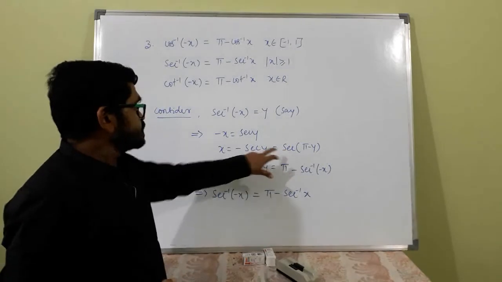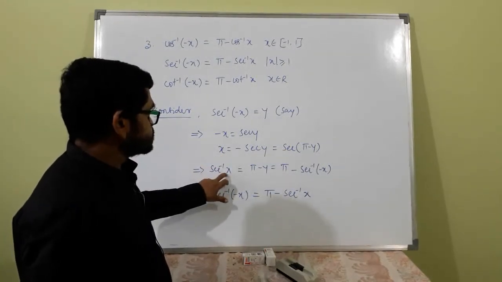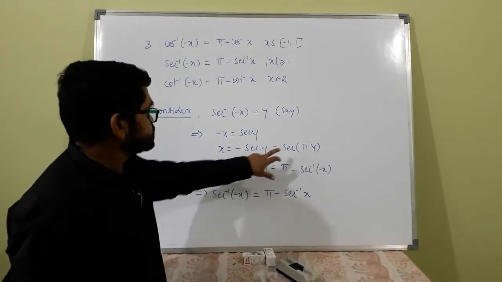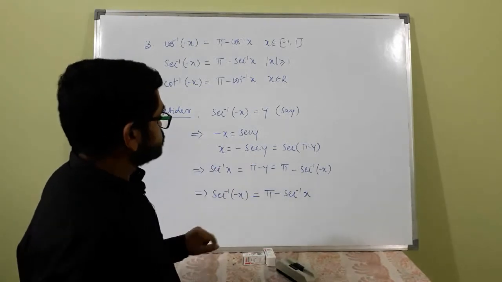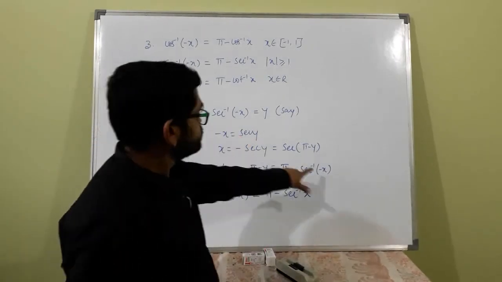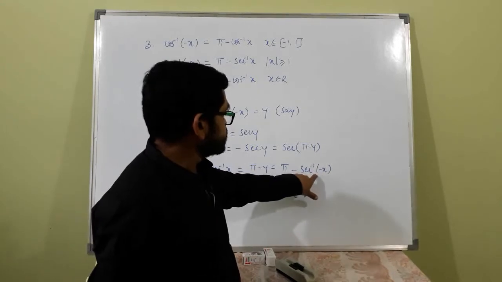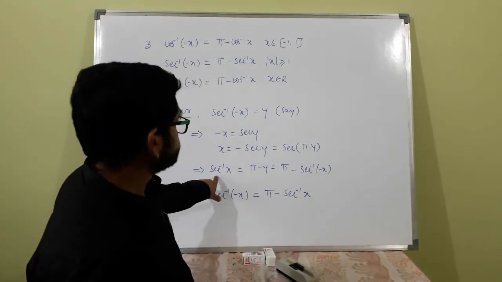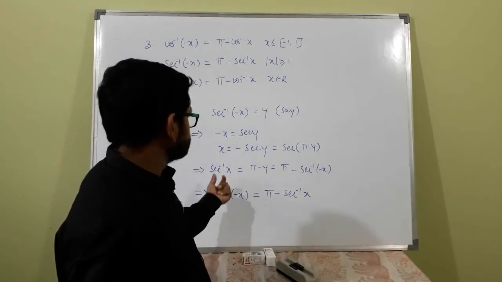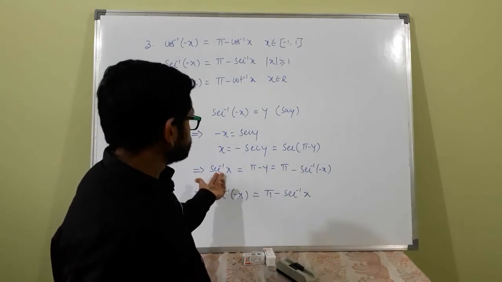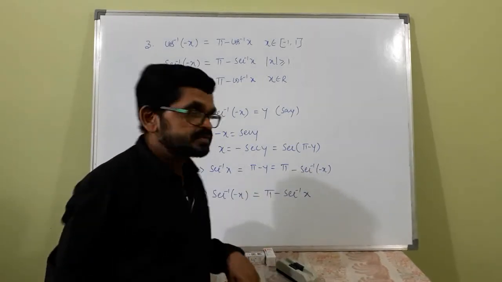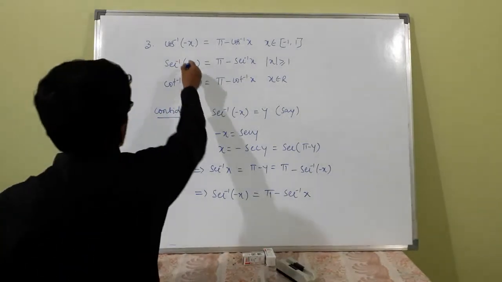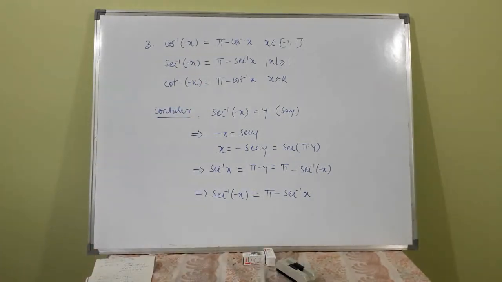So if you take secant inverse again, secant inverse x is equal to pi minus y. The secant gets cancelled and secant inverse will come here. So pi minus y. So what is y? y is secant inverse of minus x. Pi minus secant inverse of minus x is equal to secant inverse of x. If you bring this to the left hand side and shift this to the right hand side, secant inverse of minus x is equal to pi minus secant inverse of x. Similarly the other two. Okay, you try the other two.